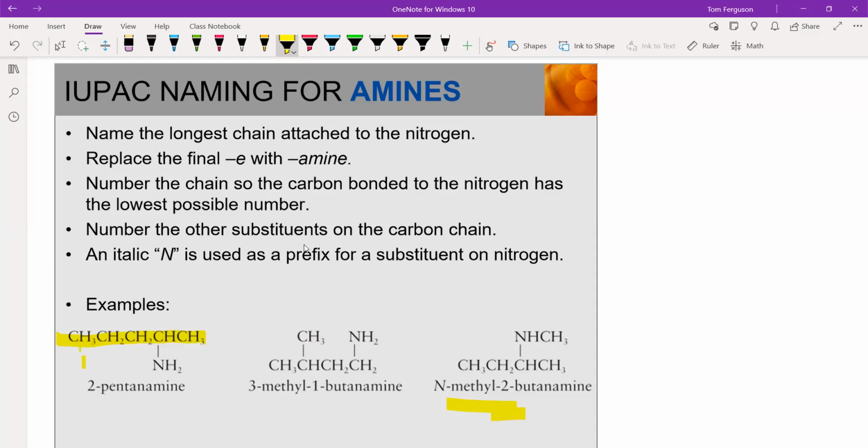So it's a 5-carbon backbone, and if you count from here, it'll be the lowest. So it's 2-pentaamine. Here we've got a 4-carbon amine, an amino on carbon number 1, and a branch on carbon number 3.